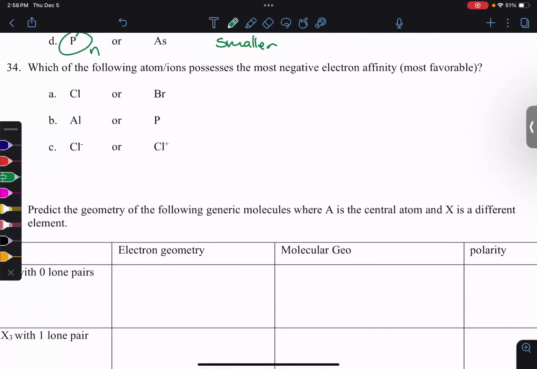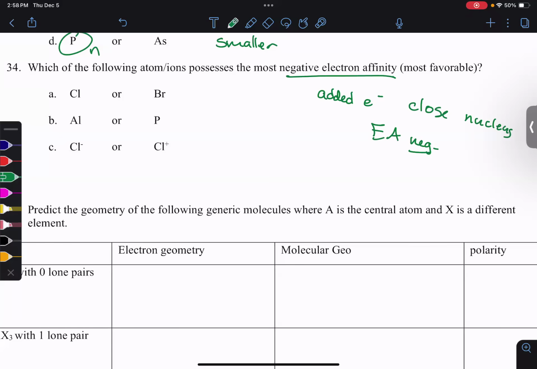All right, okay, perfect. So then, same thing here. Which of the following things has the most negative, most favorable electron affinity? Here's the hint. When your added electron is close to your nucleus, typically electron affinity is very negative, very favorable, right? So putting an electron on something that's small is typically favorable, all right?